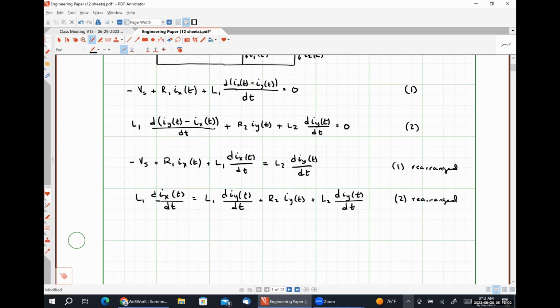All right, so now we need to think about what we're trying to do here. Our ultimate goal is to wind up getting a second order differential equation in terms of either Ix or Iy. I'm just looking at things here.